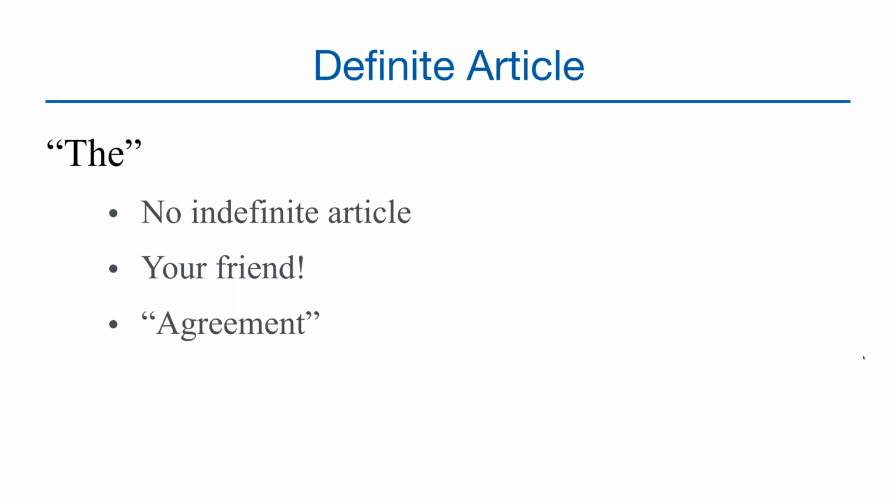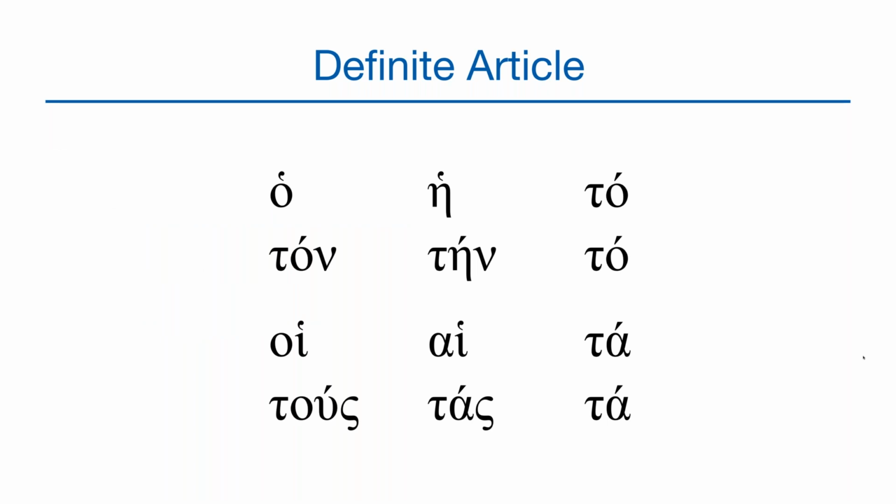So this is the paradigm. Ha he ta, ton ten ton, oi ai ta, tus tas ta. You notice that these are fairly similar, though not exactly the same as the endings. Can you see that? Yes. So you can see here, the nu stays here, but it's not present here.